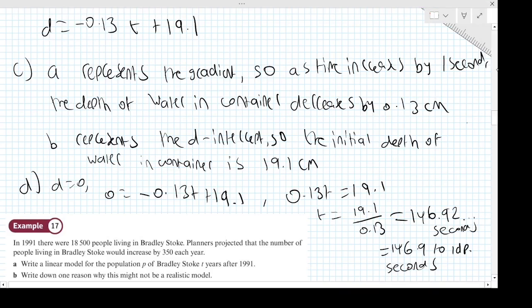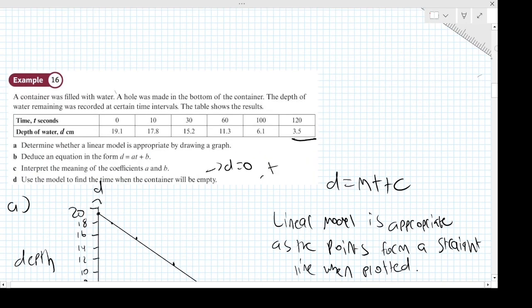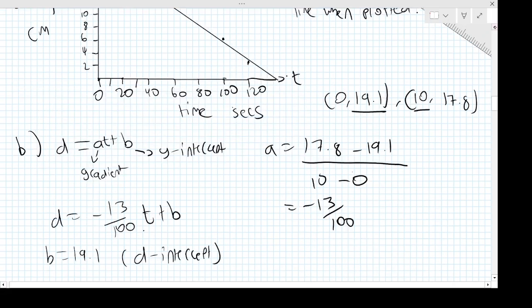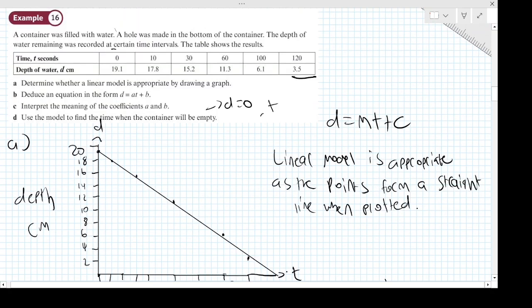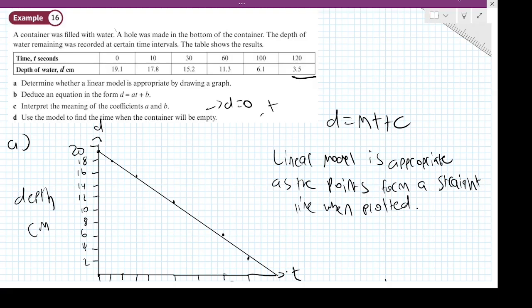And so that's the whole idea of modelling, right? It's a really good question, this is. So you can get a model. In real life, you have some particular values or known points. Like here, they recorded the depth of the water at 5 different times. That allowed you to plot it and work out a straight line equation.